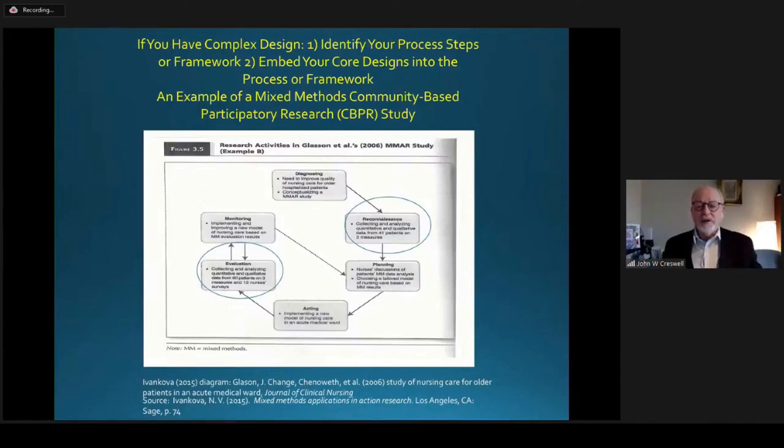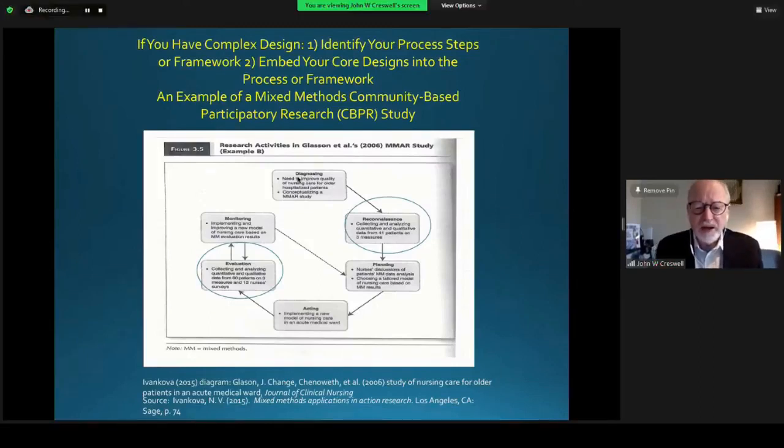I would suggest that you think of this as a two-stage process. First of all, what are the steps that you're going to be using in this framework or this process? And this is drawn from a book by Ivankova in 2015, where she's reporting a project actually in nursing care for older patients. And she's listing in these boxes, as you can see right here, the steps in doing her participatory study.